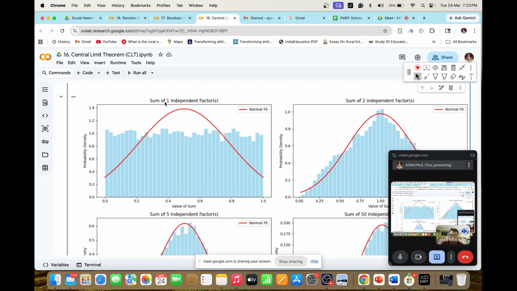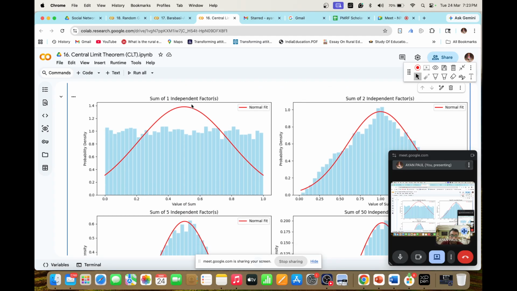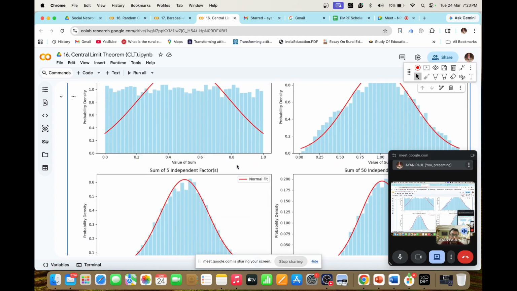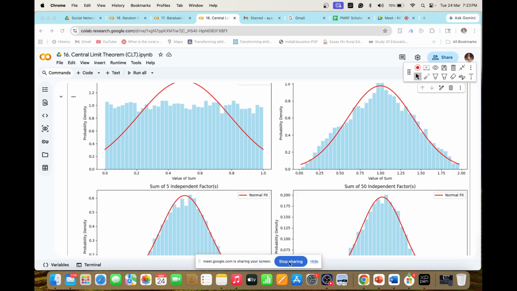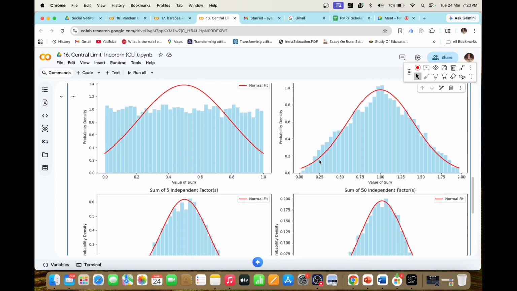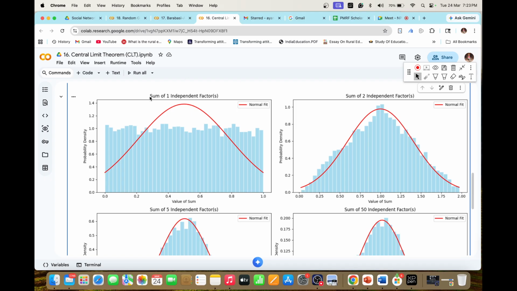Sum of one independent factor, this is our curve. Now we have randomly added another independent factor, and this is the curve of the sum of two independent factors.